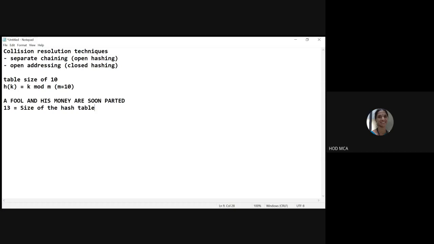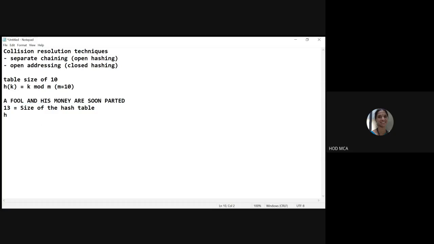Okay. Now, if 13 is the size of the hash table, I can define my function. Since we are given this particular sentence, how are we going to do the collision resolution? How do we define our hash function?